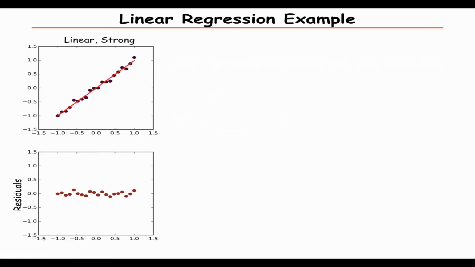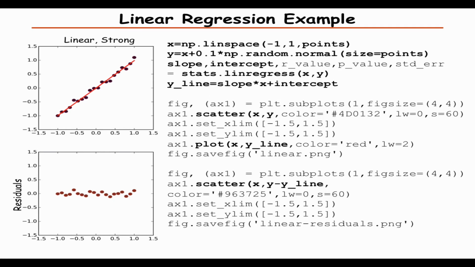So if we look now at the case that we looked at before, where we have a strong linear correlation between the two variables, if you're interested in seeing how these plots were generated, it's pretty straightforward.